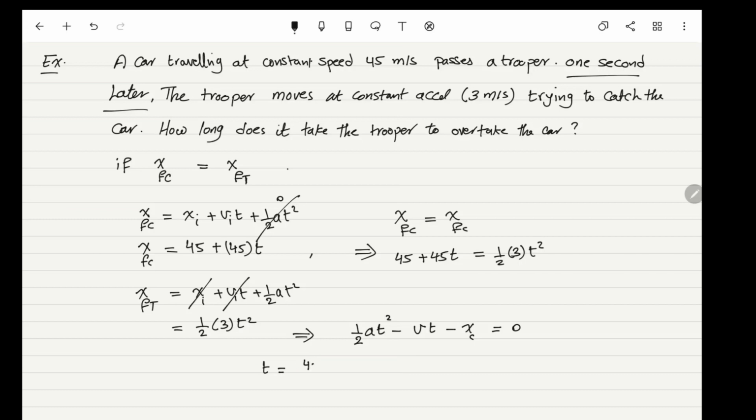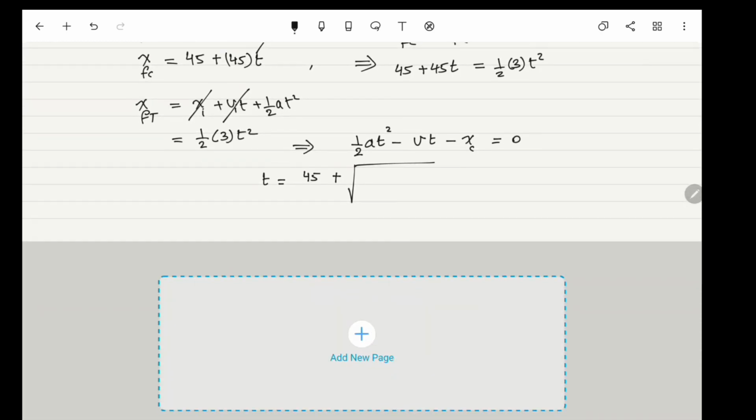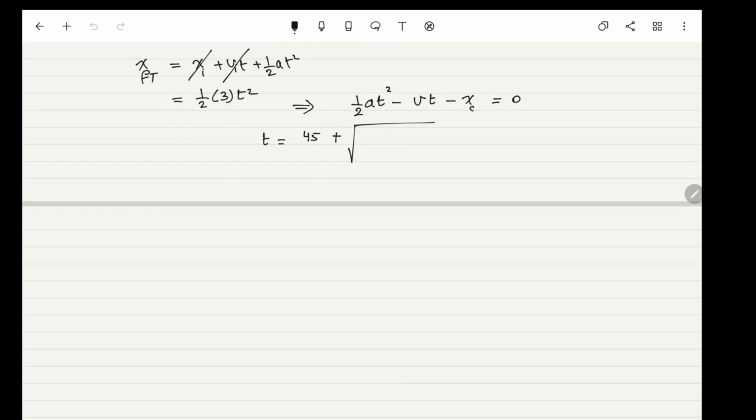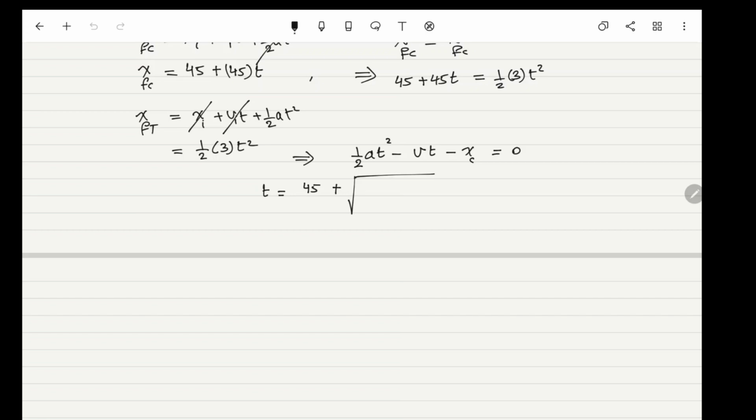45 plus the square root of, divided by 3, 45 plus 2 times 45 divided by 3, divided by 3 in this case.